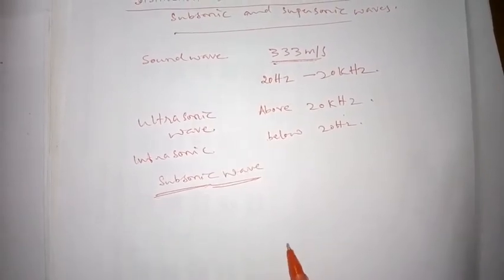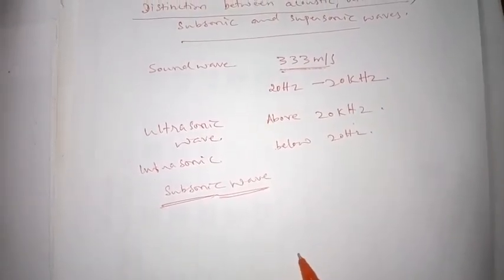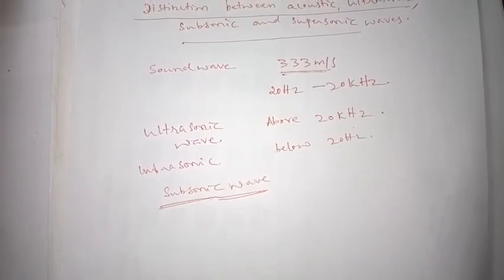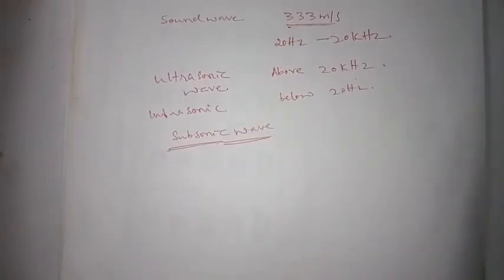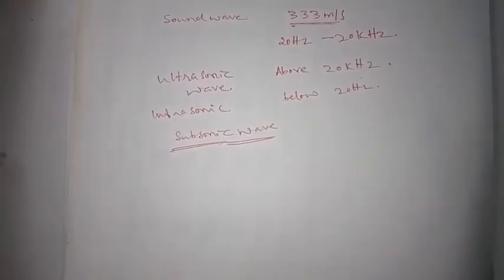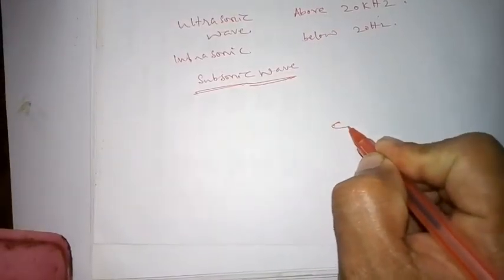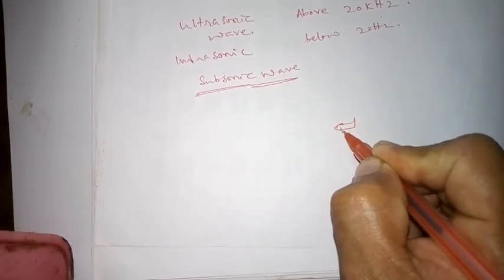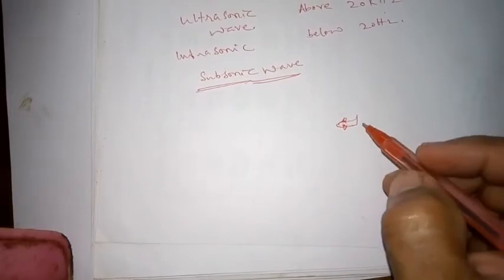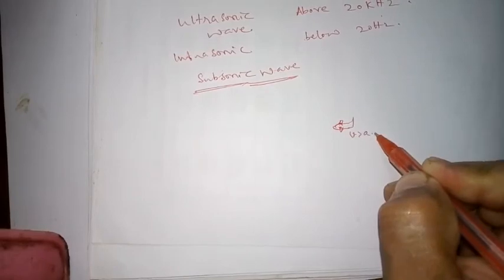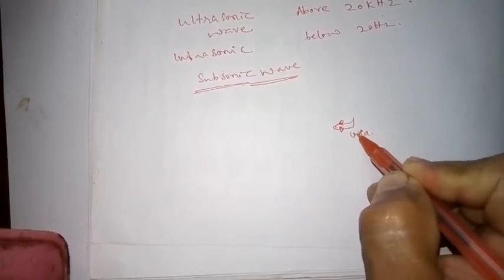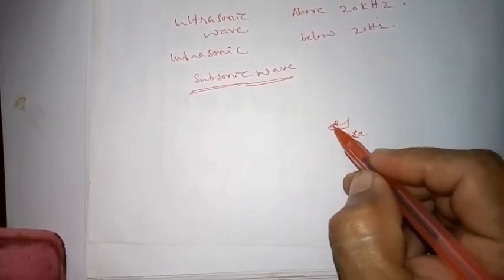So let me show how exactly it comes. If there is an object, the sound wave will be faster, since the velocity of the object V is less than A, the velocity of sound.